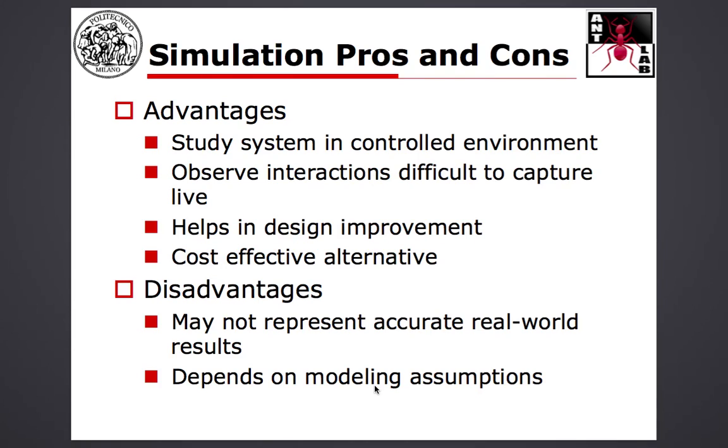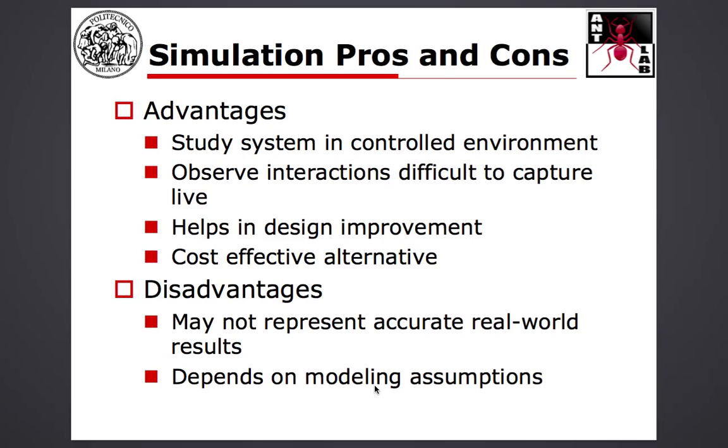By controlled, I mean that we can decide how many sensors are out there, what the radio links are and how they are characterized between the sensors, or we can control parameters such as the transmission power of the sensors, the energy stored in the sensors, and so on. So we can test how the system behaves in a controlled environment.